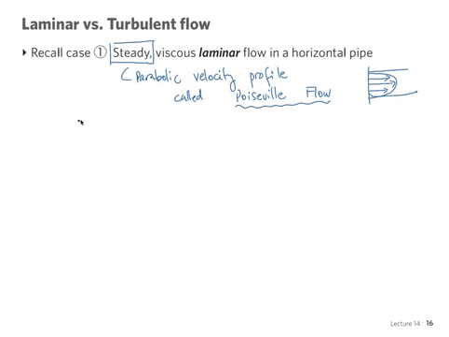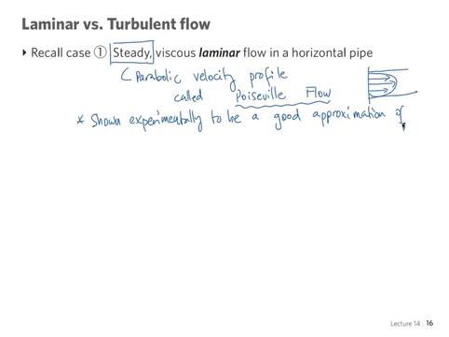This parabolic velocity profile is shown experimentally to be a good approximation of the flow only for laminar flow.